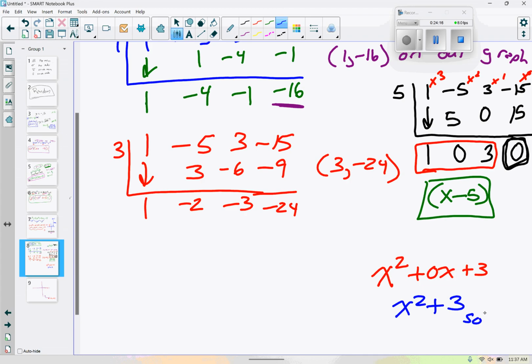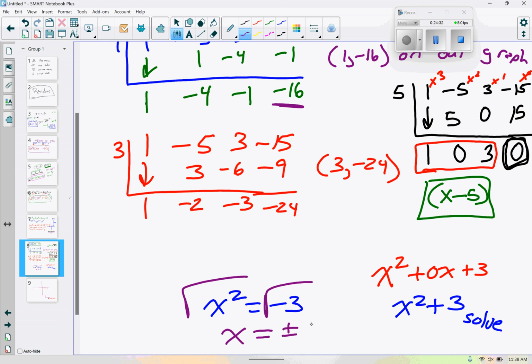And if I try to solve this, I will wind up getting x squared equals negative 3. And what happened here, friends? Who took high enough math? What do I put? Plus or minus root 3?